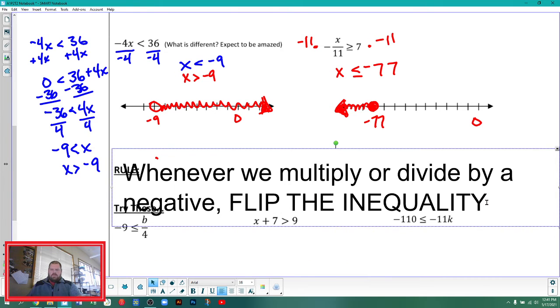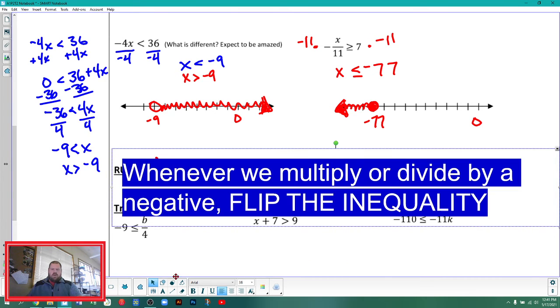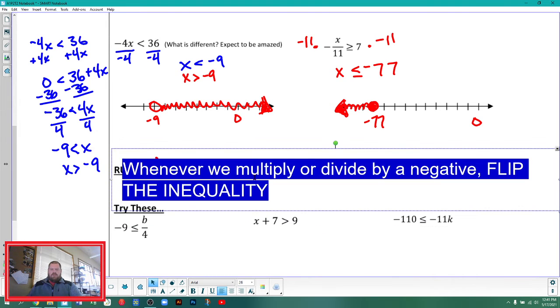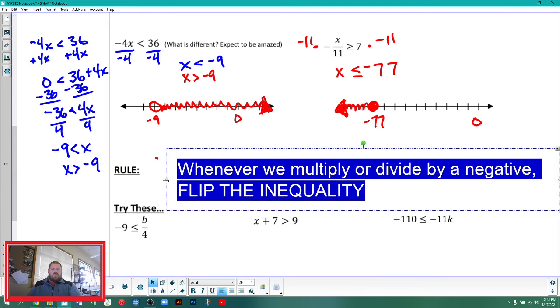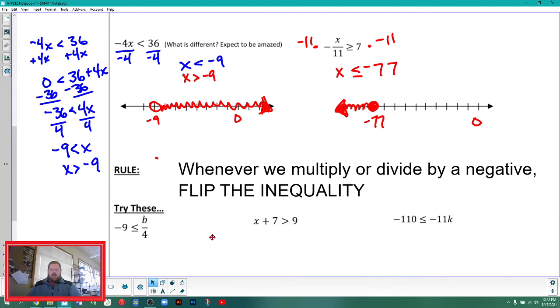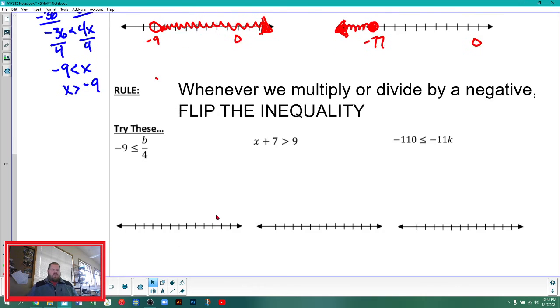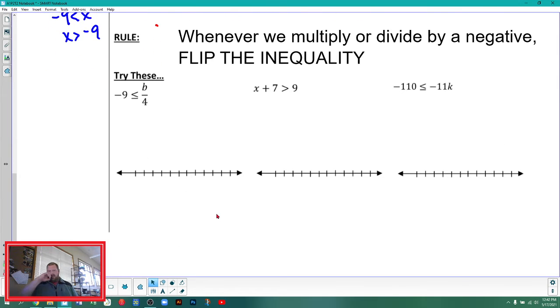So whenever we multiply or divide by a negative number, when we're in the process of solving it, we want to flip the inequality. We have to. That's a need. It's not a good idea or anything like that. It's a requirement. Okay, so go ahead and pause the video and give these three a shot. Keep this rule in mind if it comes up.